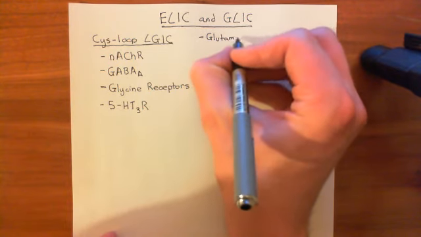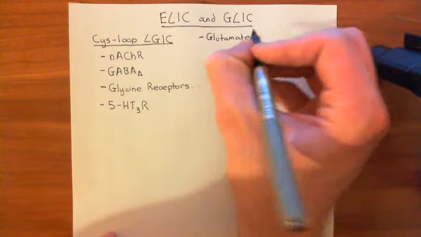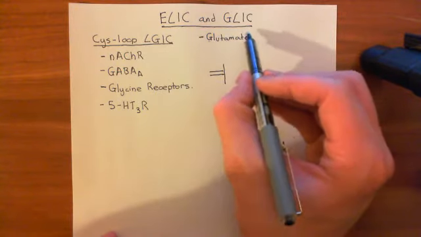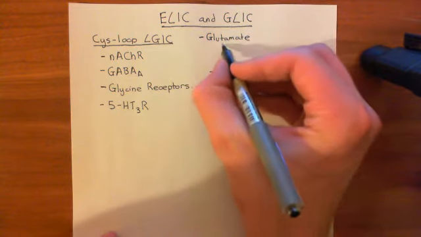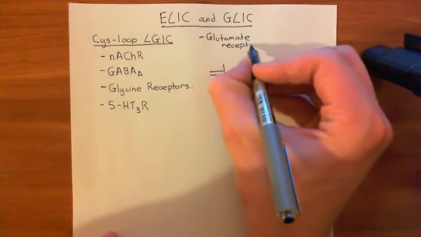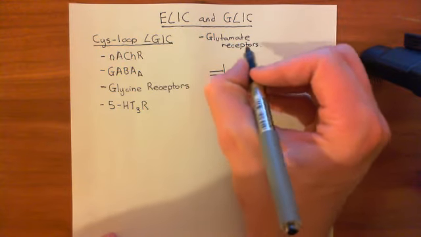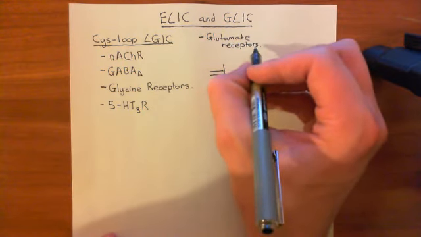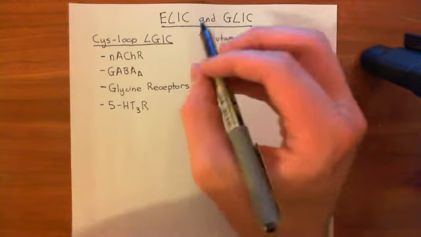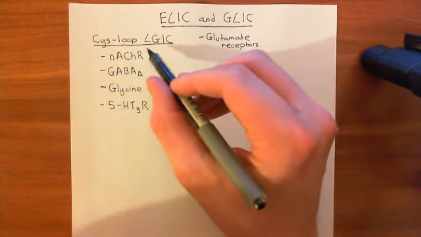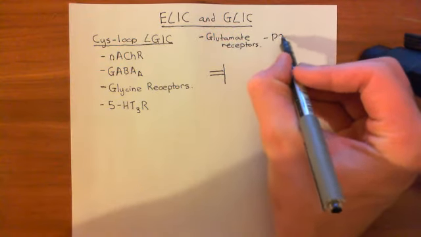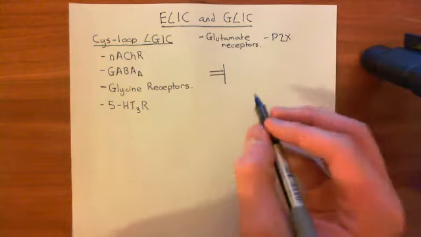For instance, the AMPA glutamate receptor, the NMDA glutamate receptor, the kainate receptor, those are all ligand-gated ion channels, but they are not cis-loop ligand-gated ion channels. Other examples are more niche. For instance, the P2X receptor, the purinergic receptor for ATP, is a ligand-gated ion channel which isn't a cis-loop ligand-gated ion channel or a glutamate receptor. So these are non-examples, the P2X receptor as well.